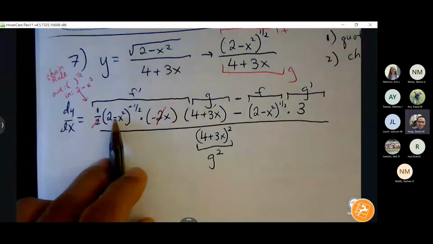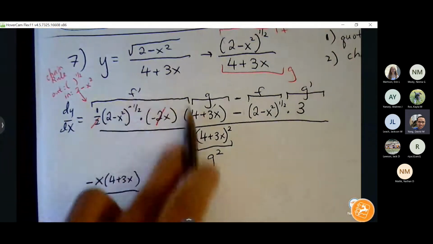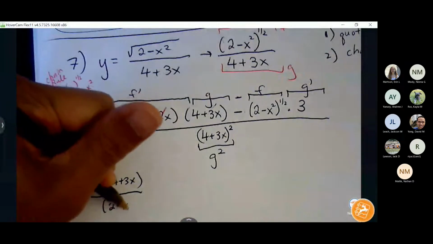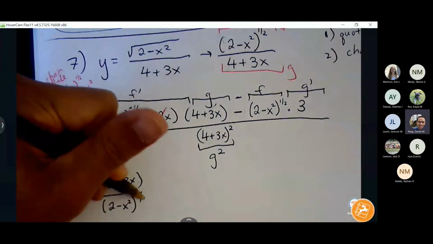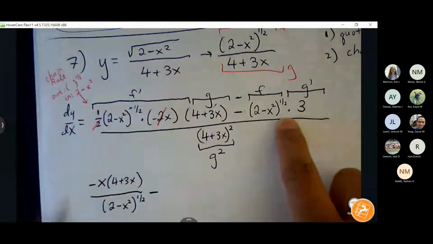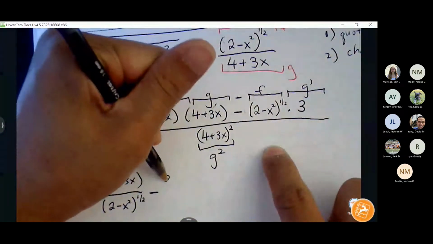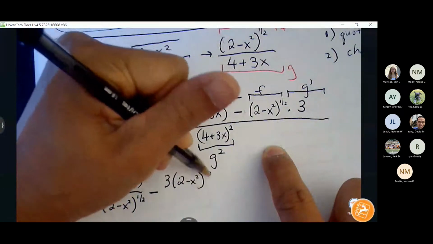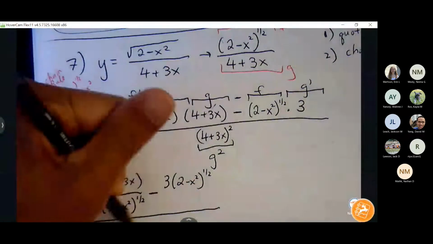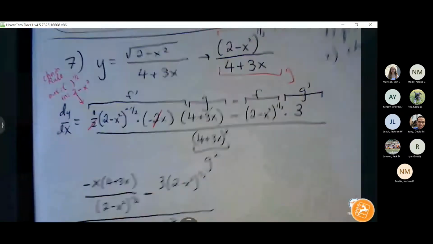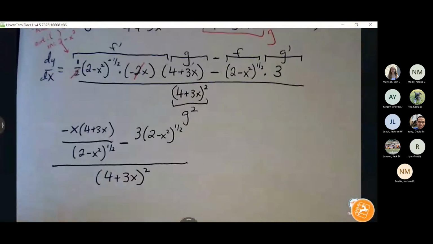But I'm going to put this in the denominator of this little space here.